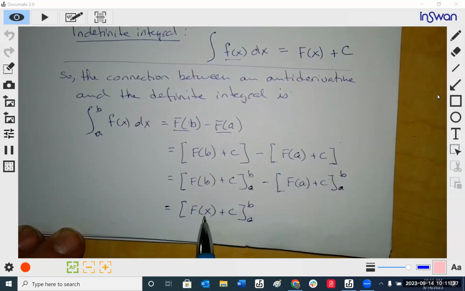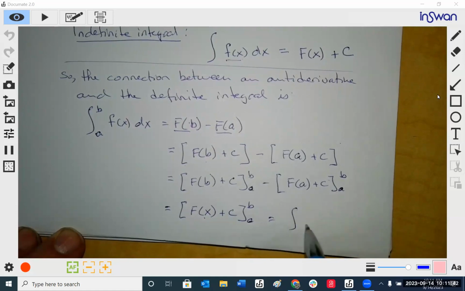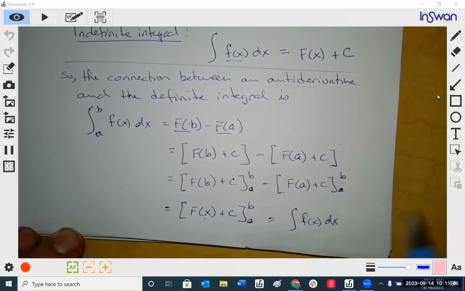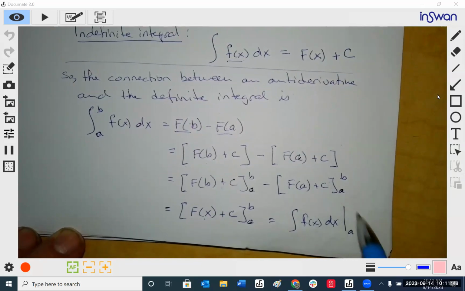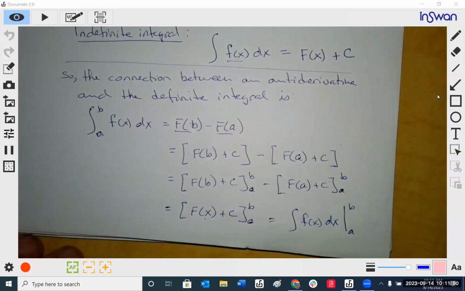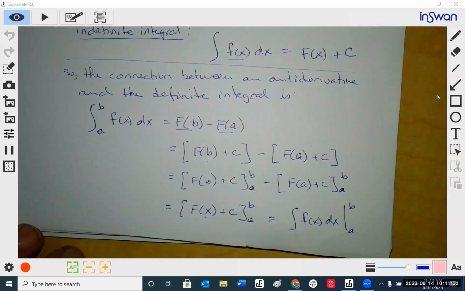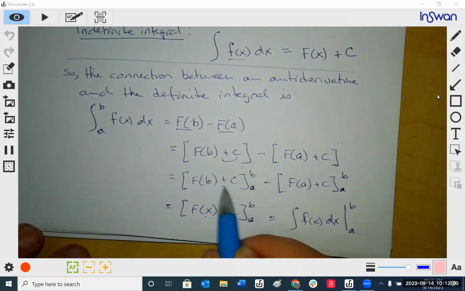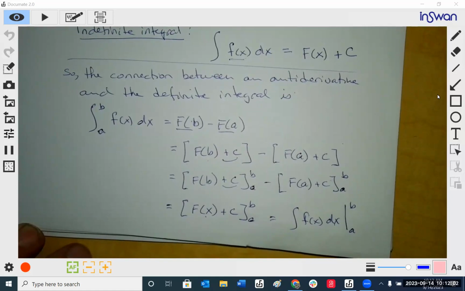That came from F of x plus c, and this is equal to our indefinite integral on the given bound from a to b. There's the connection. The connection is our inclusion of that constant term.